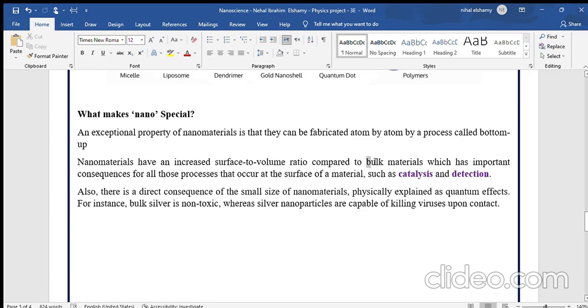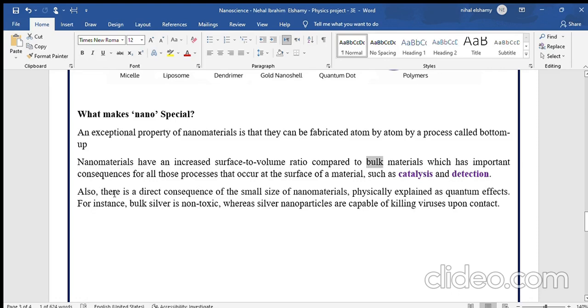The bulk materials are the larger forms of these materials, as we mentioned above. This has important consequences for all of the processes that occur on the material surface, such as catalysis and detection, which means that as you increase the surface to volume ratio, the catalysis process increases as well.